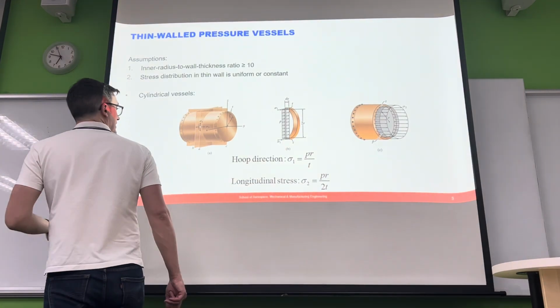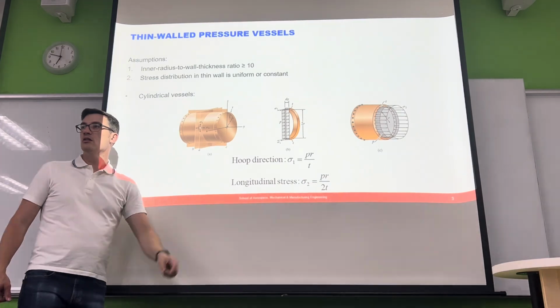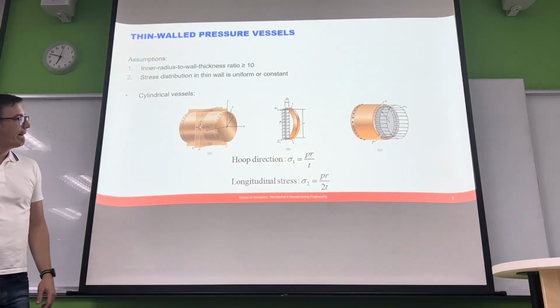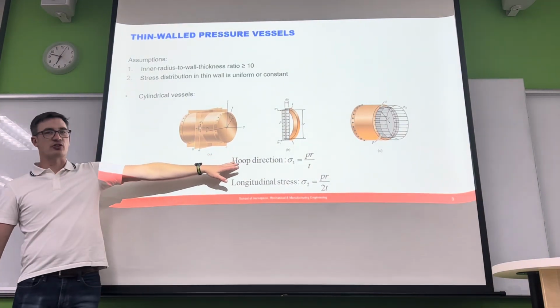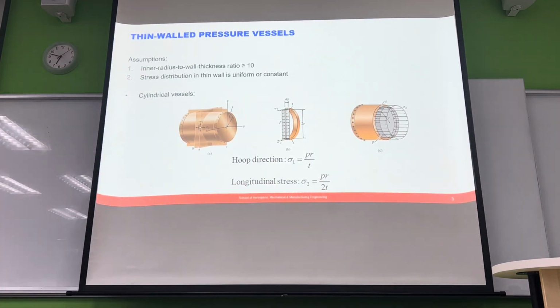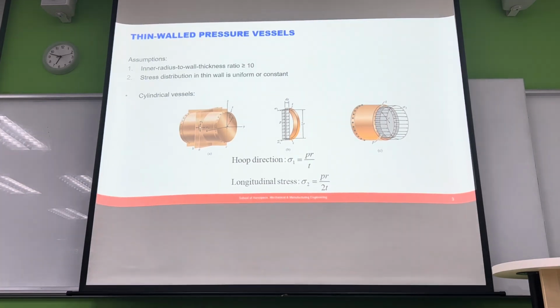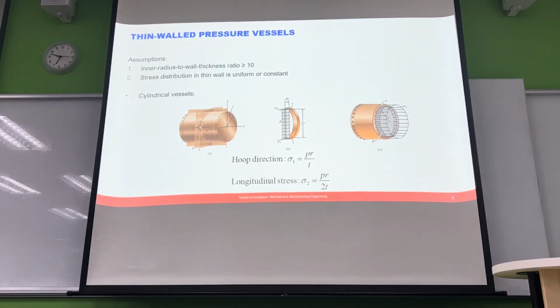Then you can easily get that out to get this equation here, that's the hoop stress. This is known as hoop stress, or circumferential stress, or tangential stress. That direction around the hoop is known as the hoop, tangential, or circumferential direction.